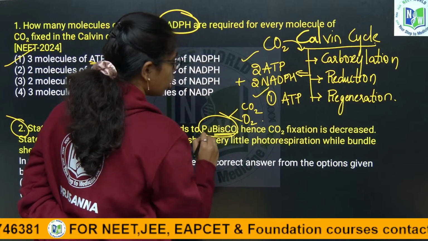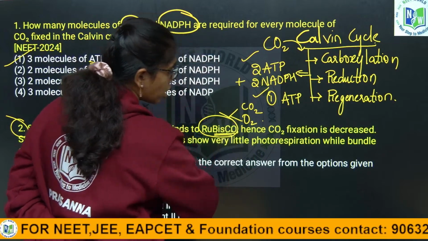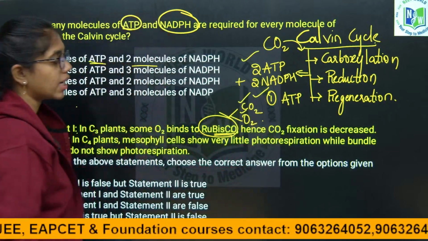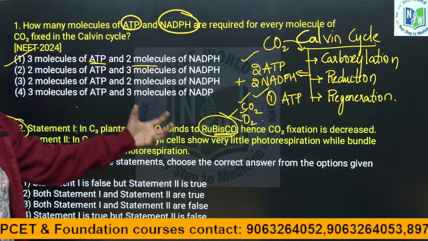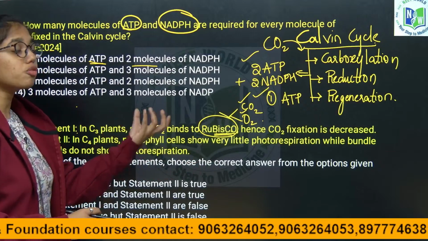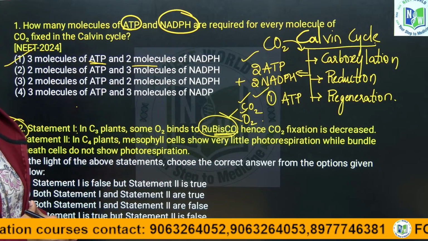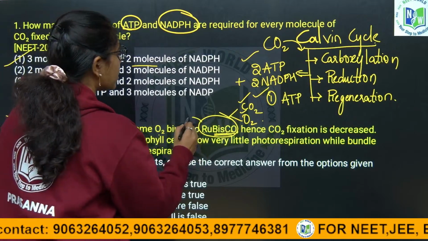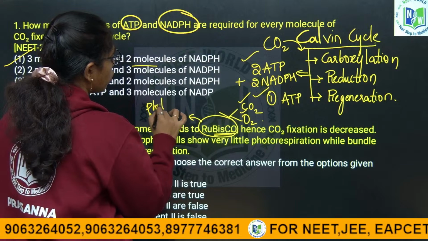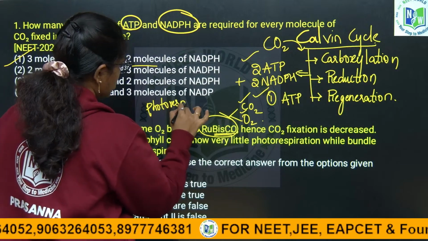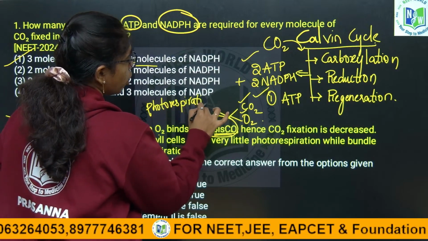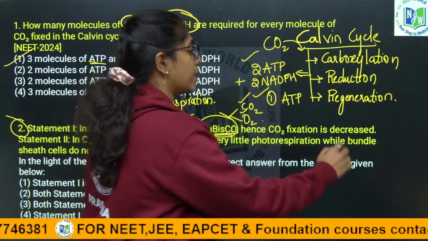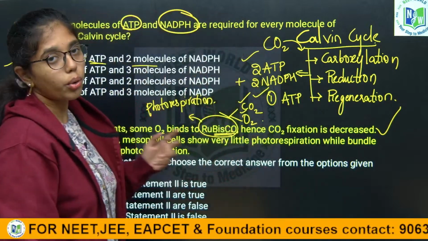Ribulose bisphosphate carboxylase oxygenase enzyme has equal potential to bind with carbon dioxide and oxygen. So whenever oxygen quantity is more and carbon dioxide concentration is less, oxygen binds with rubisco, which activates the process of photorespiration, thereby carbon dioxide fixation is decreased. Yes, of course, statement 1 is true.